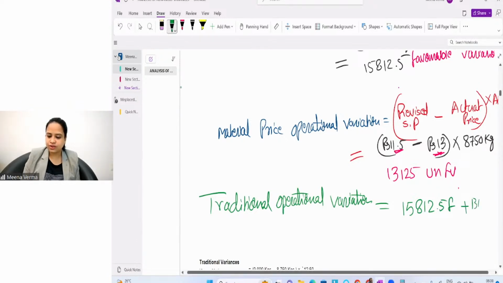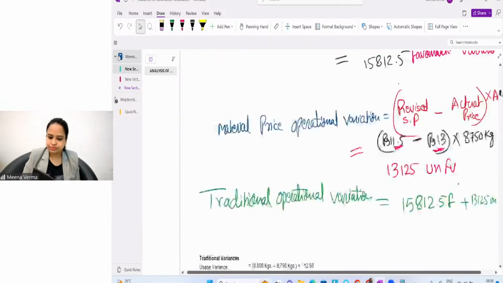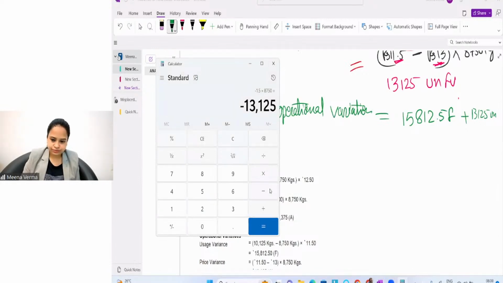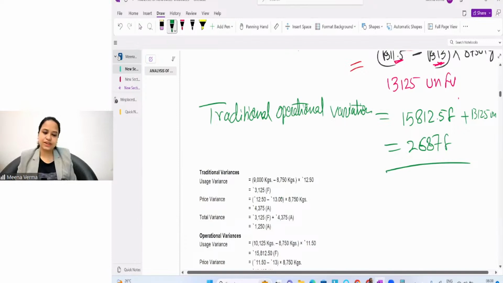And 13125 unfavorable. So just consider these two values, you will get the answer. This is 2687 favorable. So you can see we have calculated the planning variation and operational variation for everything.